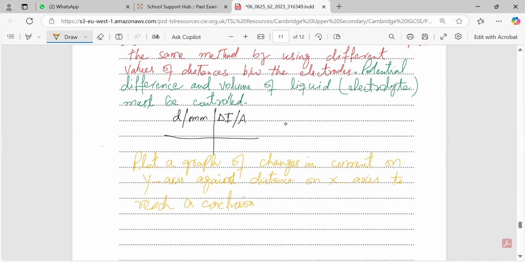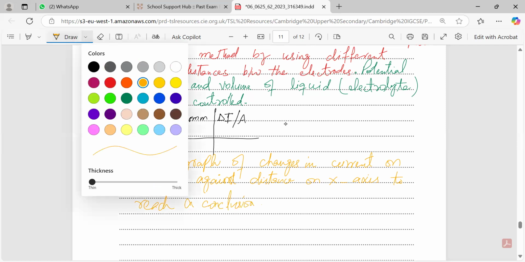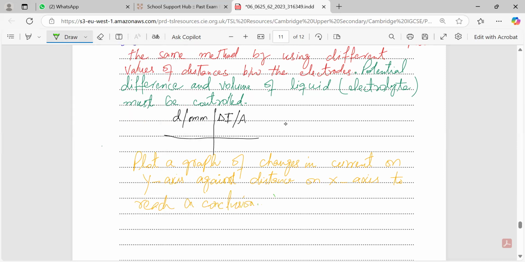And as usual, better to write one more precaution: take at least 5 sets of data. So in this way, all points which are asked are discussed in the question.